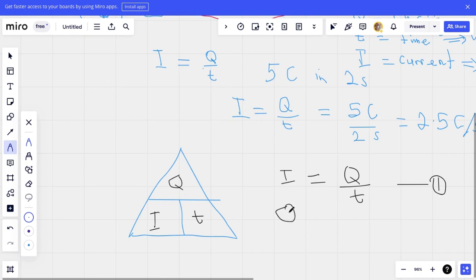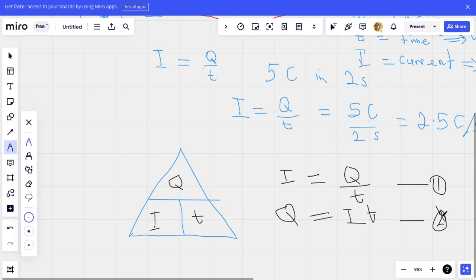If you are looking for charge, you say current multiplied by time. You multiply the two, because they are being multiplied. So charge is current multiplied by time.